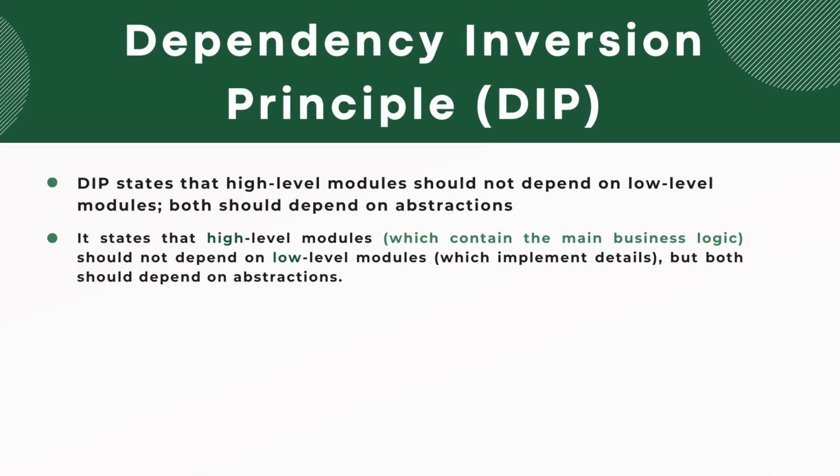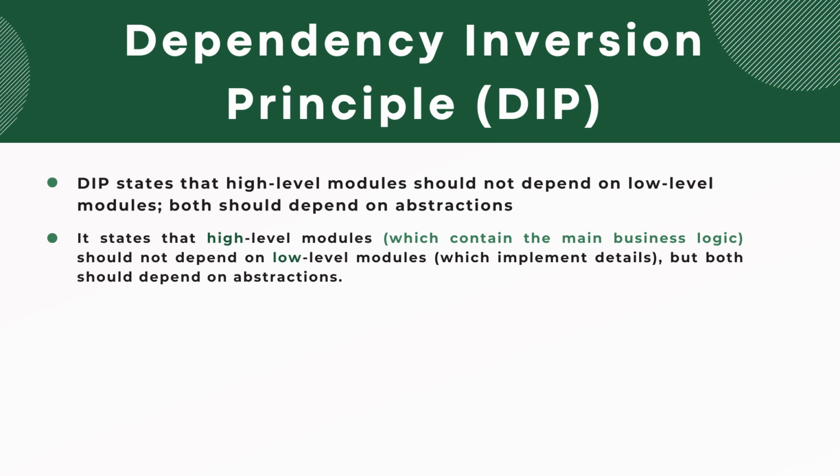The final principle is the Dependency Inversion Principle. DIP states that high-level modules should not depend on low-level modules. Both should depend on abstractions. In Flutter, you can apply this principle by using dependency injection. For example, instead of hard coding an EmailService class into your notification class, you can create an abstract MessageService interface.